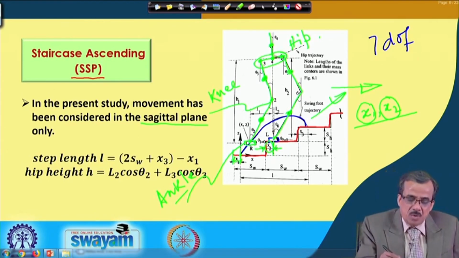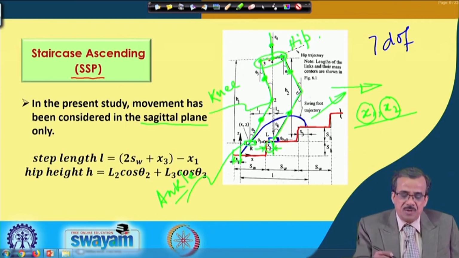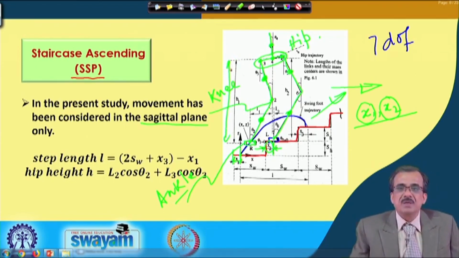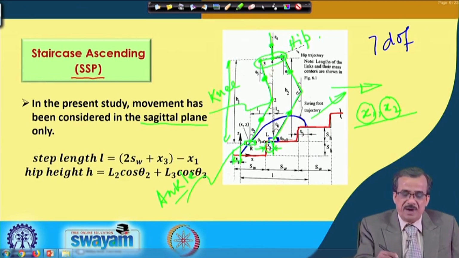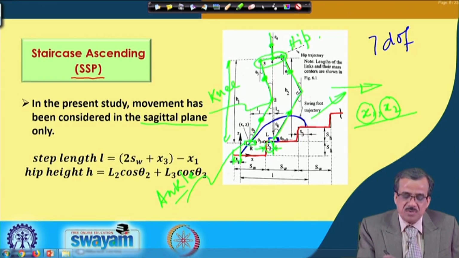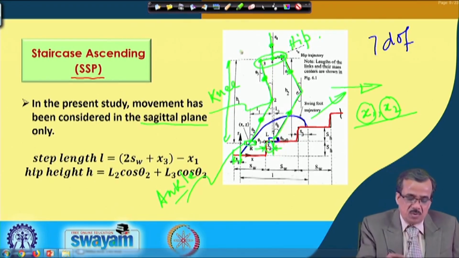For example, what will be the hip height? If you see the old person, the hip height will be less, but for a young person the hip height could be more. Now, once you know x1, x2, and the joint angles like theta 1, theta 2, theta 3 and the other joint angles, I can find out what should be the hip height.